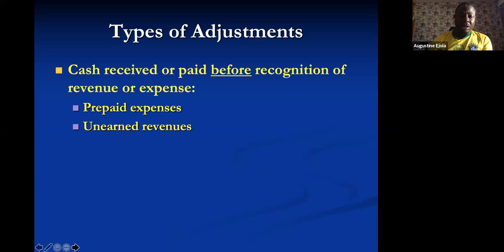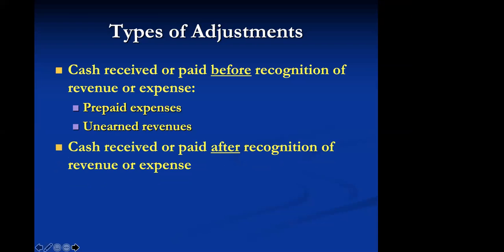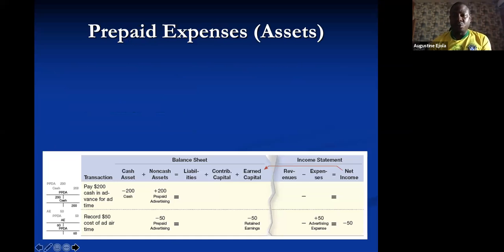We've talked about unearned revenues. Then cash received or paid after recognition of revenue or expenses: accrued expenses, accrued revenue. So you can have all of these as the adjustments that you typically will make in your financial statements for you to make the right entries.